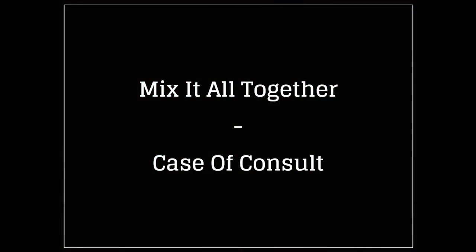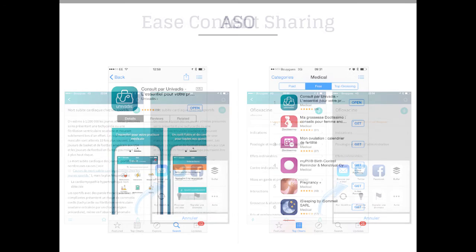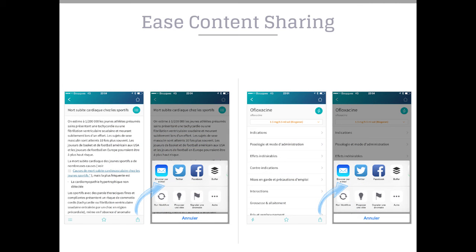And if we mix it all together, as mentioned, Consult is an app for doctors. We did quite well on iOS, particularly since the other apps we're competing with are B2C, and we are only focusing on healthcare professionals. So with really good ratings. We ease content sharing. Every content is shareable in the app, which is good for doctors if they want to transmit a case to a peer.